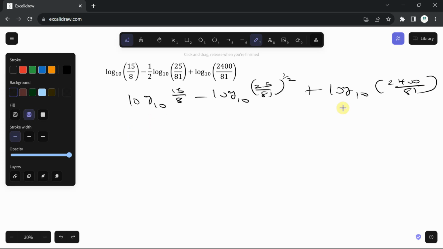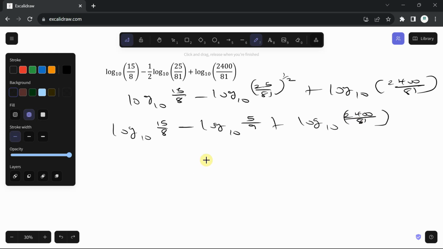So if I simplify this, let's say square root of 25 over 81, we can find the square root of 25, we can find the square root of 81, so that's very good. So this is log base 10 of 15 over 8 minus log base 10 of square root of 25 is 5, square root of 81 is 9, plus log base 10 of 400 over 81.